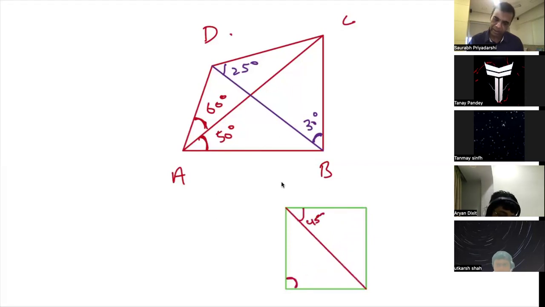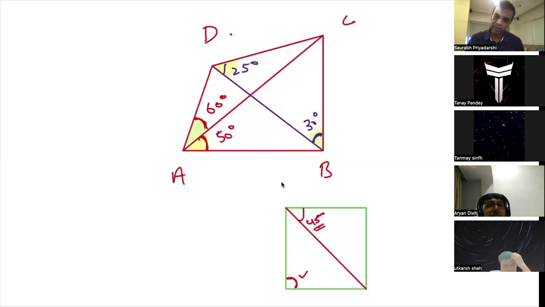And we know that this is 90 degrees. So this angle is double of this. In this case also, this angle is half of this angle, and this angle and this angle have the same property. 60 is double of 30.